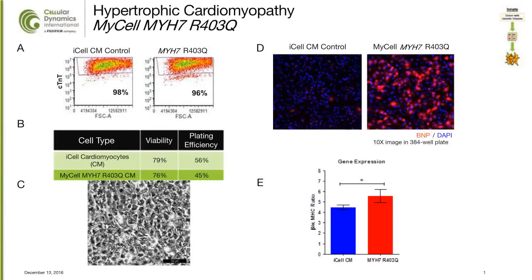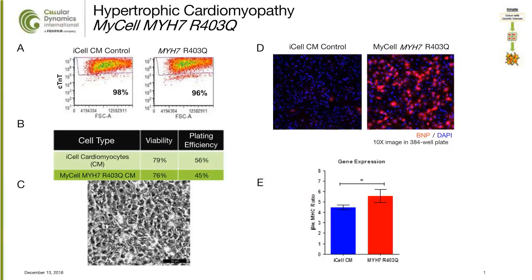So next we're going to change gears and look at one of the examples of the innate hypertrophic cardiomyopathy. This is the MyCell line that is derived from a patient with a R403Q mutation. This is a substitution that switches the arginine to glutamine.